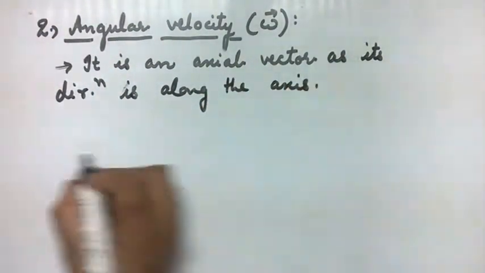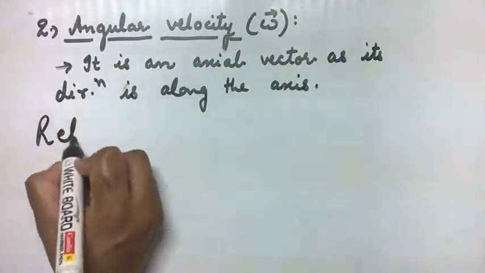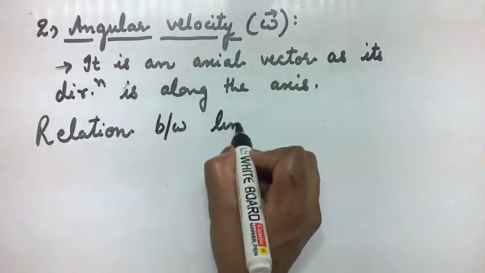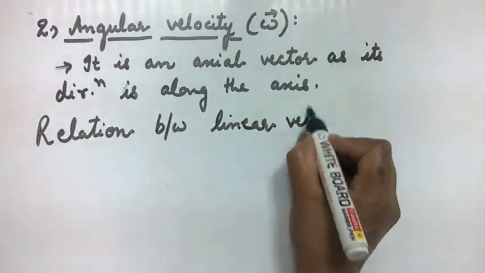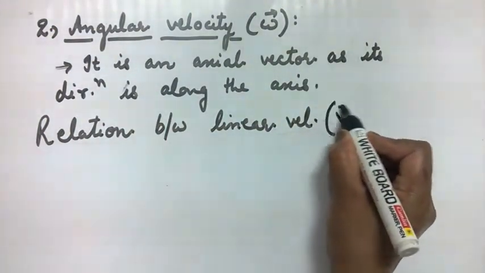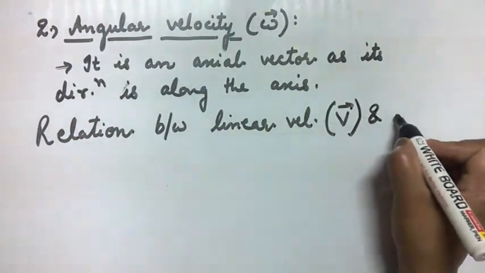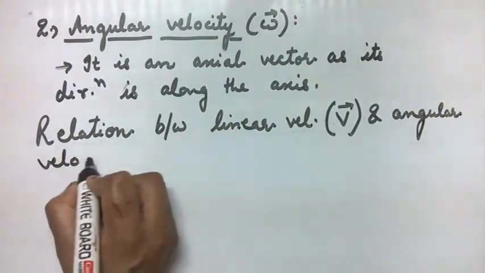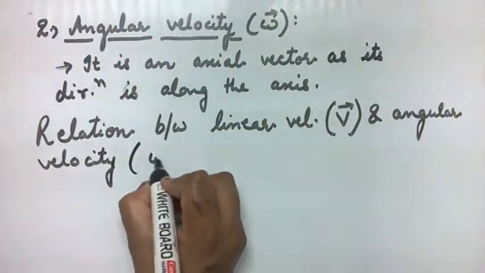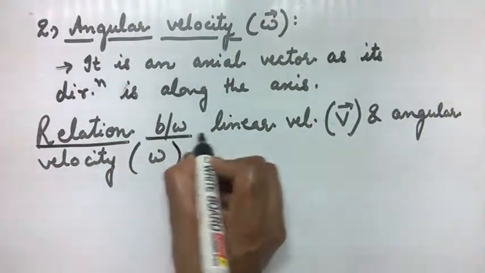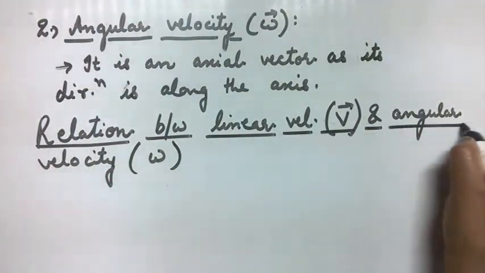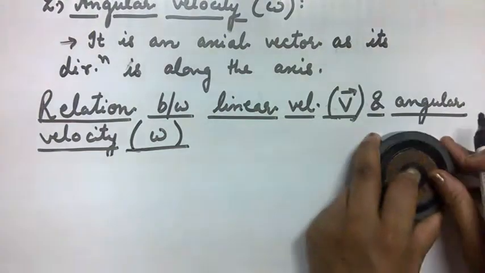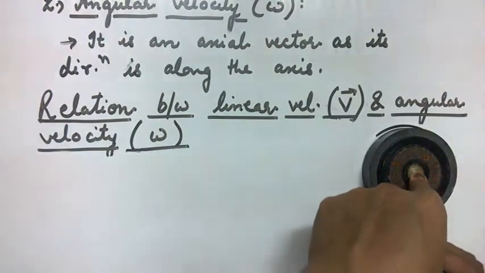Now let's study another topic, that is the relation between linear velocity, given by v, and angular velocity, omega. To find the relation, let us consider that an object is moving in a circular path through an angle theta.